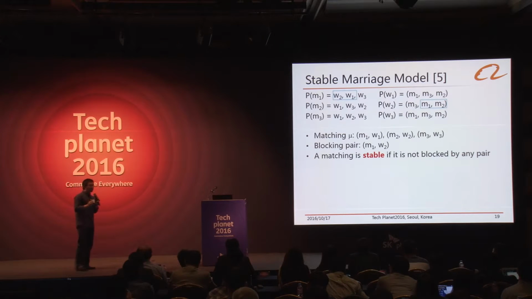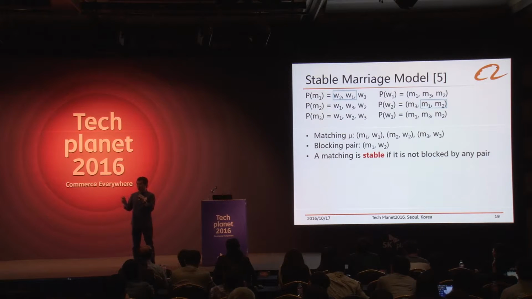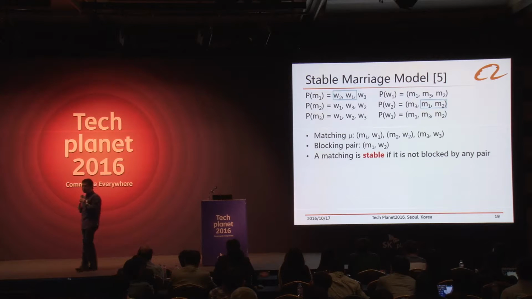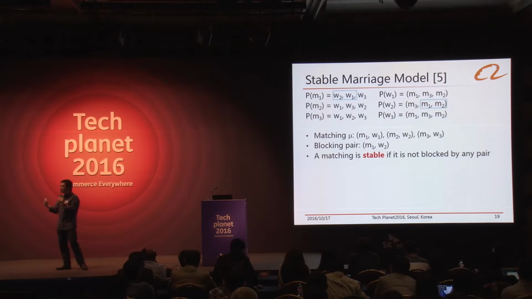Now, if you look at W2, you find exactly the same situation, because in her preference, M1 is more preferred than M2, who is her current partner. So again, W2 has a tendency to divorce her current partner and form a couple with M1. In other words, in this particular assignment, if for some reason M1 and W2 meet, they both have a tendency to divorce their current partners and form a couple.